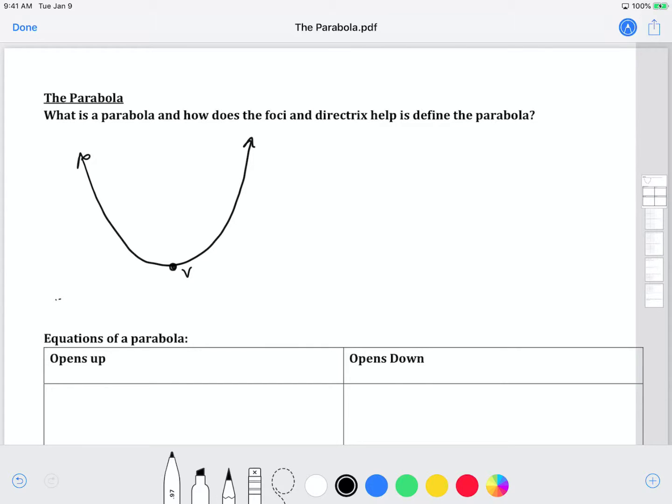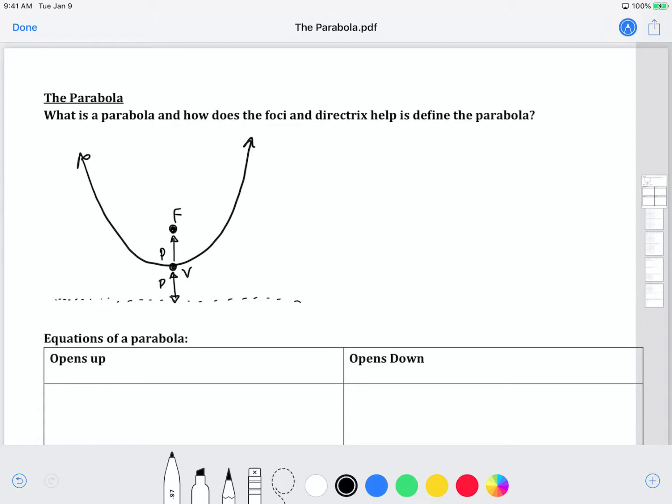The directrix is a line that is a distance of p from the vertex. From the vertex, going inside the parabola, a distance of p would give us the focus point.